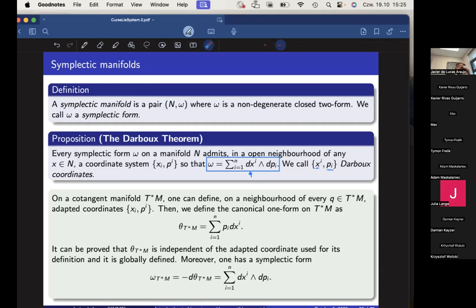I recall to you that the way of writing adapted coordinates is that you pick up coordinates xi on M. And now, since you have the canonical projection from the cotangent to M, you can pull back these coordinates to coordinates on T star M. Because xi is something that lives in M, so the pullback lives in here.